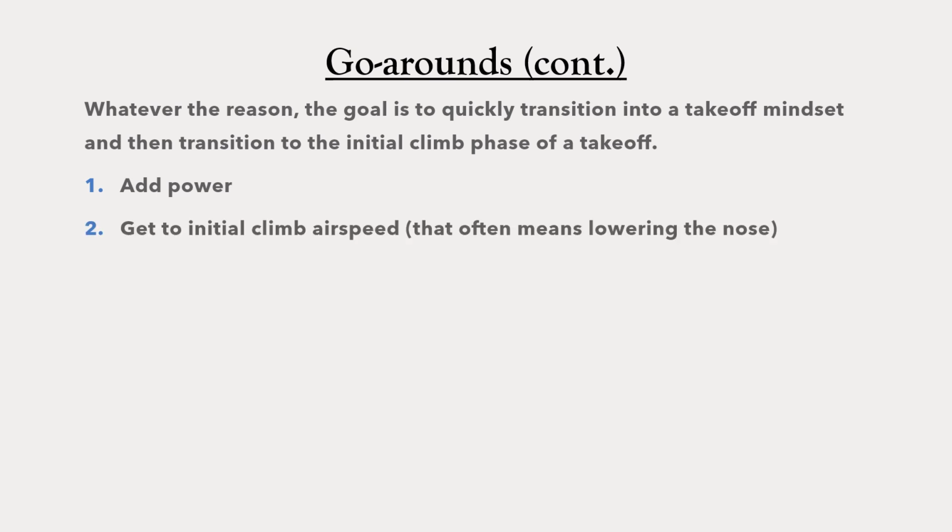Then you want to get to the right airspeed for initial climb. Usually that's VY. That often is going to mean you're going to need to lower the nose compared to the attitude that you were in when you were approaching for landing.